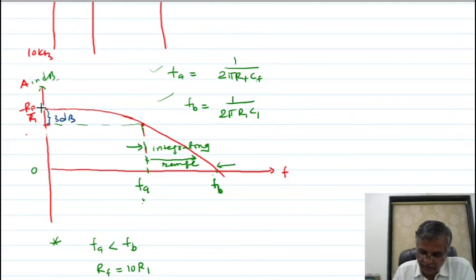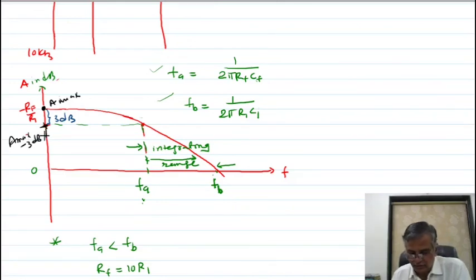Whatever your maximum gain is, this value is A maximum minus 3 dB. Now, from this you find FA, and find the frequency FB at which the gain is reduced to 0. These are the experimental values of FA and FB, and these are the theoretical values.